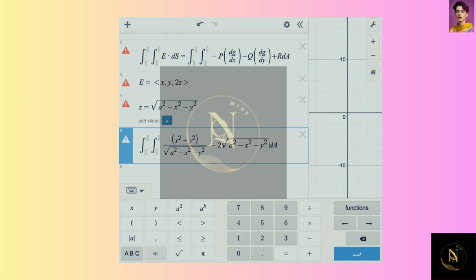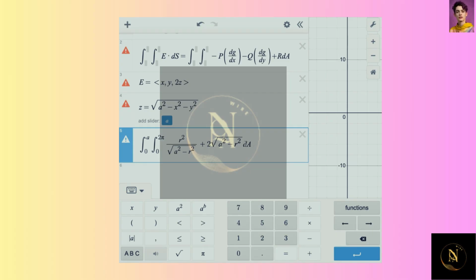We note D is the projection of the surface on the xy plane, and it's a disk with radius a with its center at the origin. Using polar coordinates, we have r as the radius and 0 to 2 pi as the angle theta. So we change the coordinates to polar. x squared plus y squared becomes r squared, and this becomes a squared minus r squared, and this becomes a squared minus r squared as well.